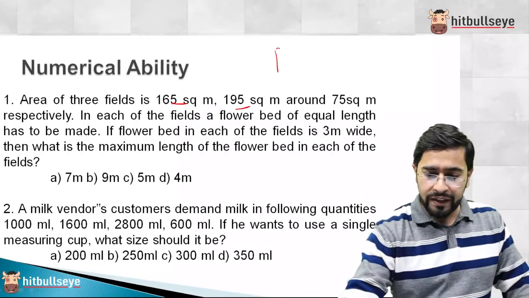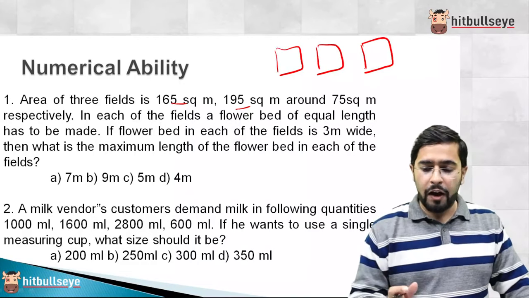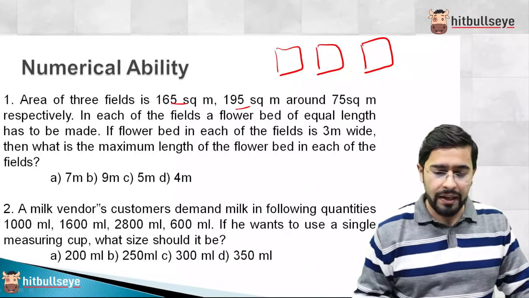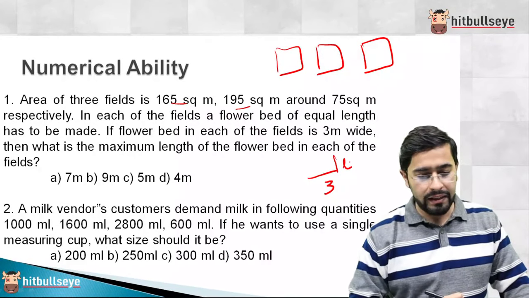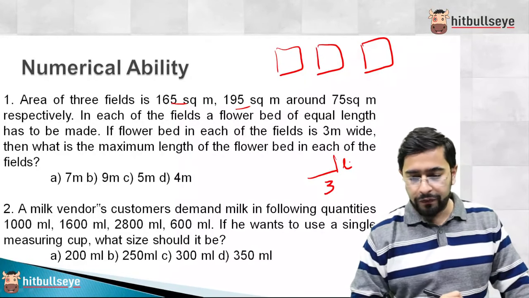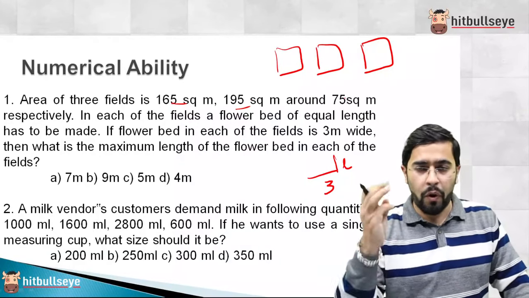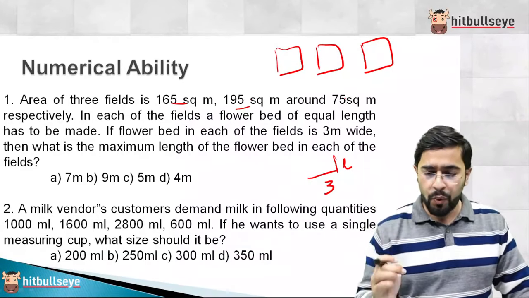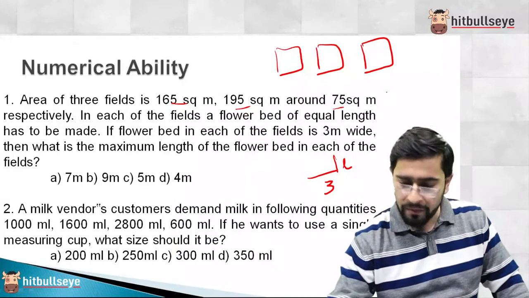In each of these fields, a flower bed of equal length has to be made. If the flower bed has to be 3 meter wide, find the maximum length of the flower bed in each of the cases. Well, for all these three square fields, what do you need to find? You need to find the highest common factor.